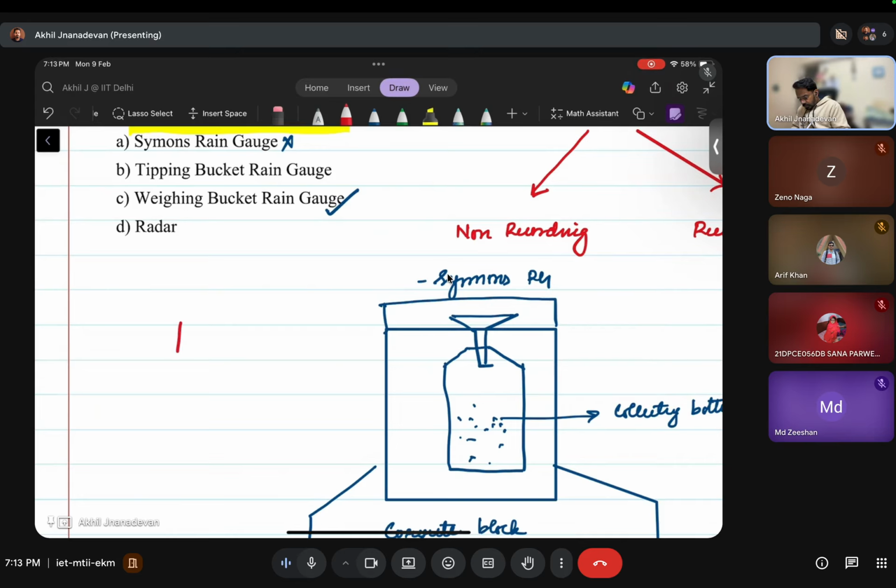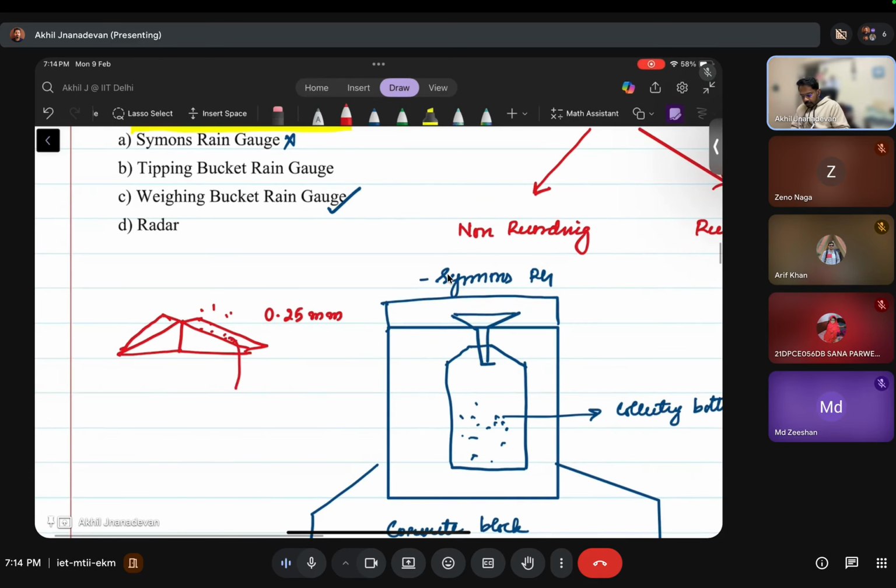The plan view will be like this, front view will be like this. Water will be flowing in this for some time, and when the rainfall depth becomes 2.5 mm, this is important, there can be numericals based on this also, this will tip, and this water of 2.5 mm gets collected in this particular container.